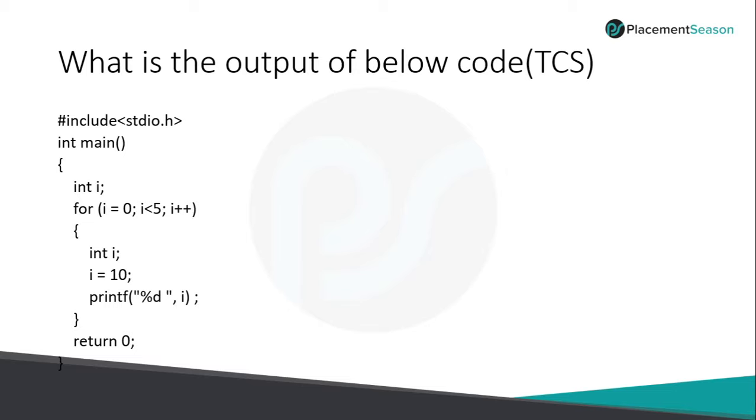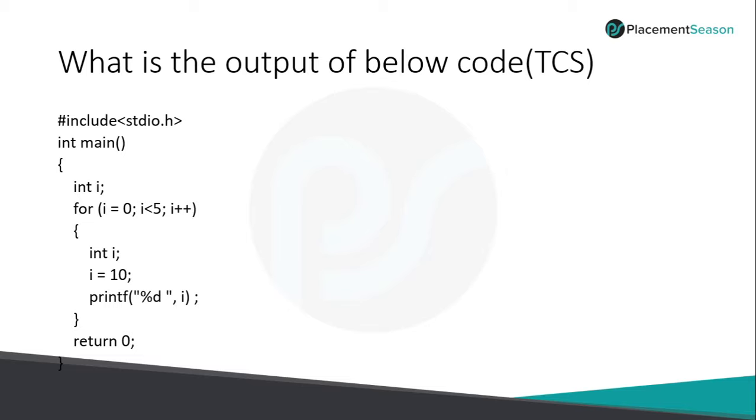Maybe I can give it to you as an assignment. Copy this code, type it in a program and execute it. The answer for this program is that it will print 10 five times: 10 10 10 10 10. You can do some research and find why it is printing like this.